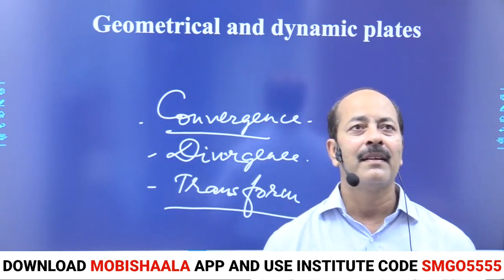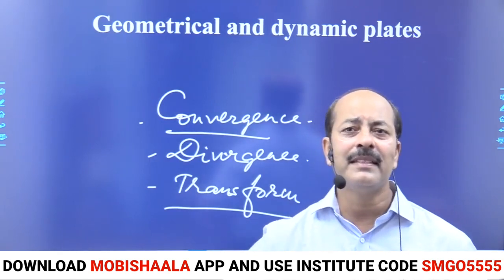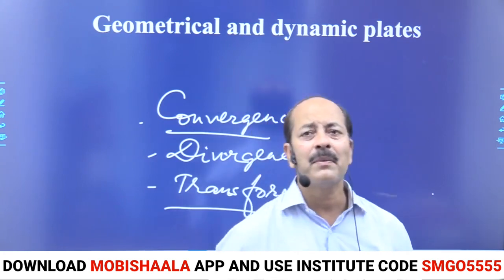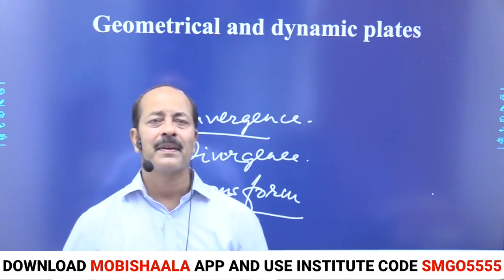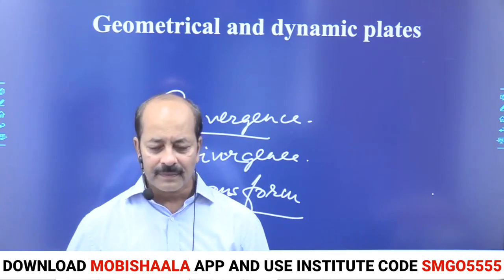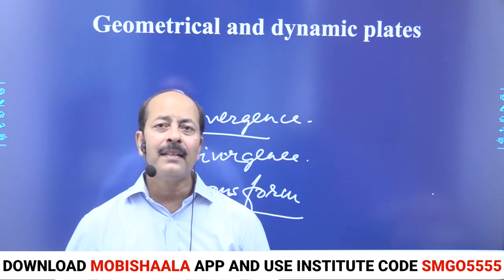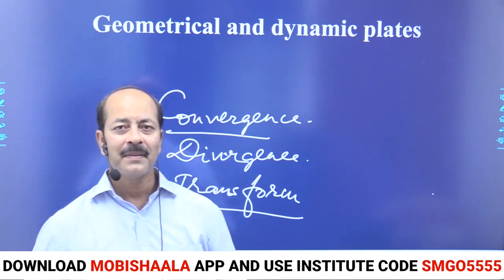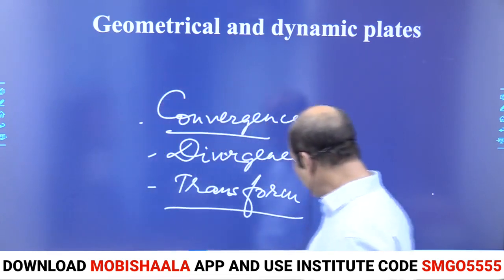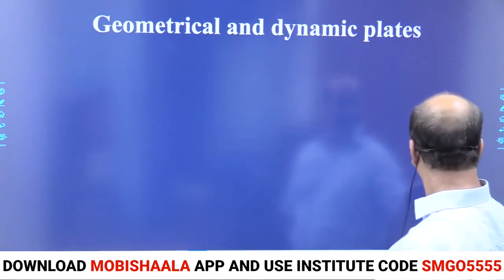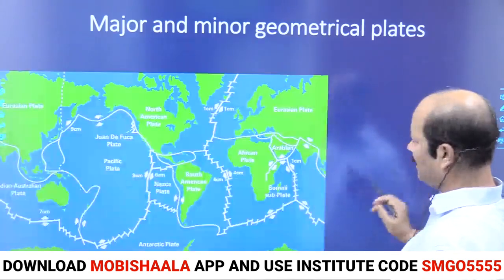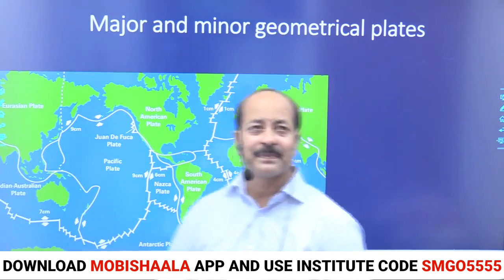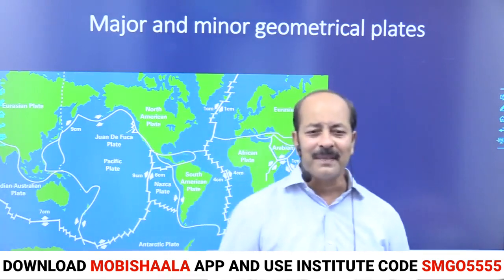Now write, on the basis of geometrical structure, the second one, on the basis of geometrical structure, there are continental and oceanic plates. So try to see.